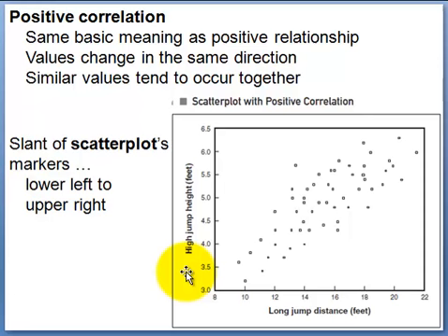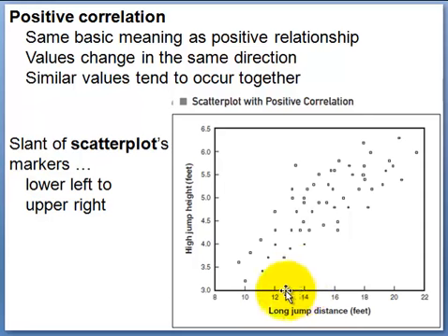And each dot conveys an individual's score on these two variables. So I'm moving to this particular dot. This person's high jump height was about 5 3/4 feet, tracing over to the y-axis, and this person long jumped perhaps 13.5 feet.